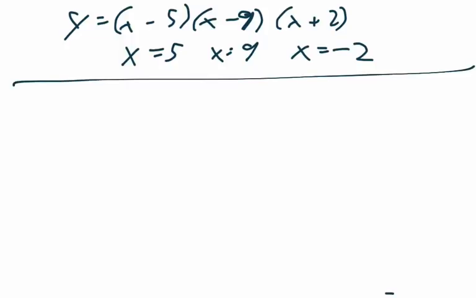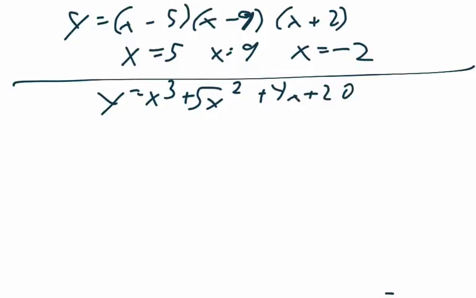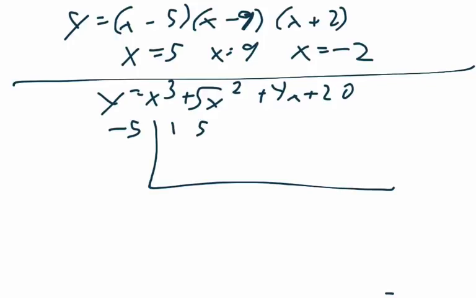For problem number 16, they gave us y equals x to the third plus 5x squared plus 4x plus 20. And they're looking for all of the real and imaginary zeros of this polynomial. They said that negative 5 is already one of the answers, so I put negative 5 on the outside.